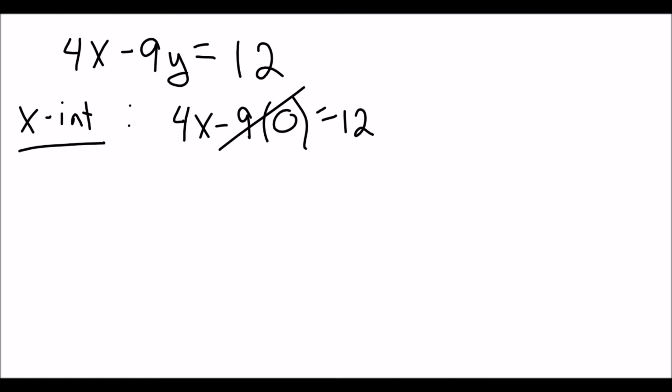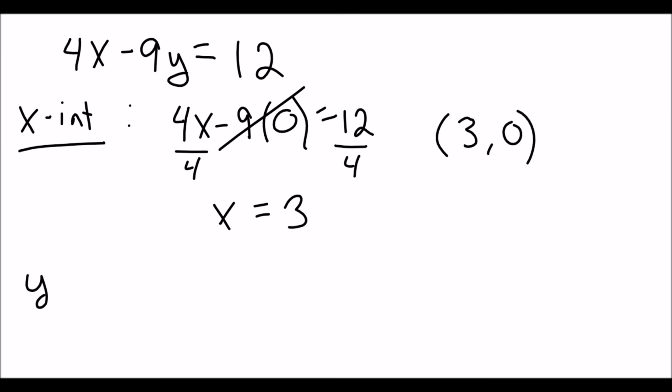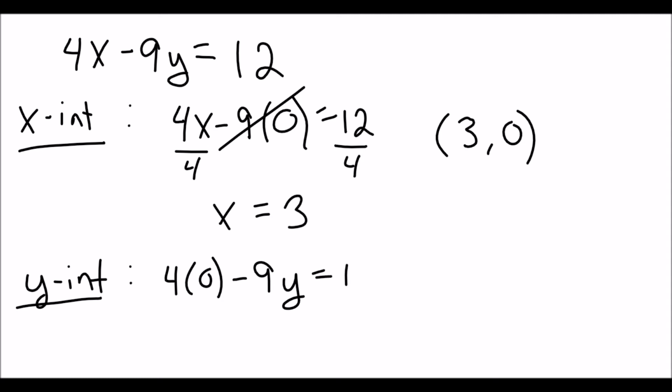We know that this goes away because 9 times 0 is 0, so we're left with 4x equals 12, and we can divide by 4 and divide by 4, and x equals 3. So from this, we know we have the pair 3, 0. Okay, and so for the y-intercept, it crosses the y-axis when x equals 0. So 4 times 0 minus 9y equals 12.